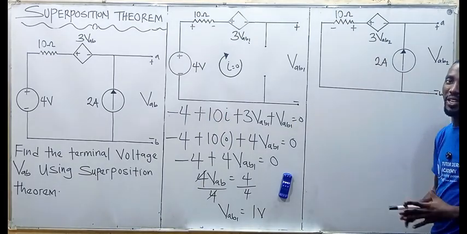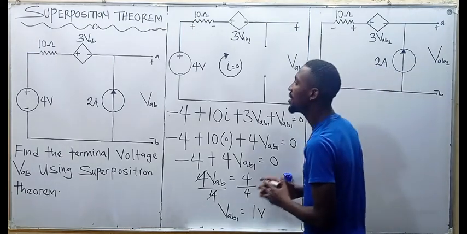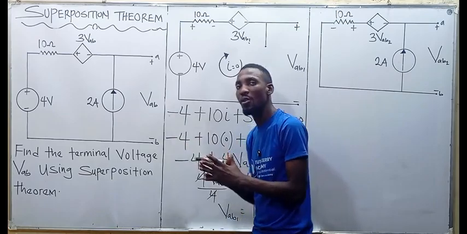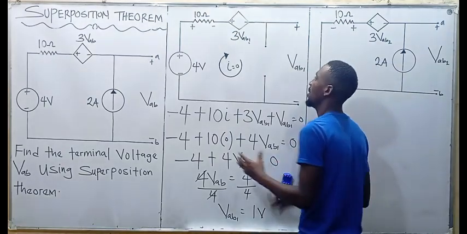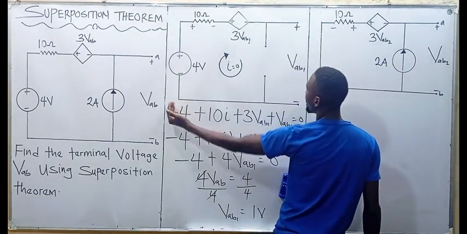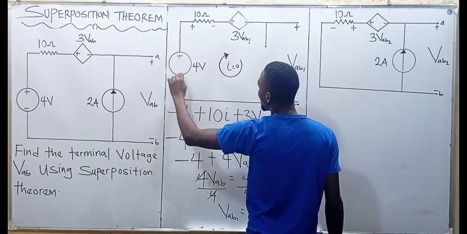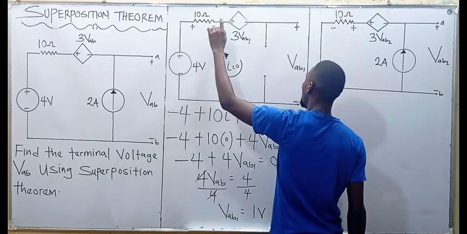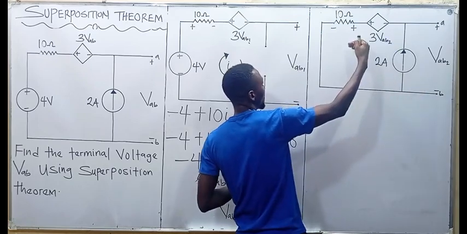Let me quickly explain a concept clearly here. When we were considering the 4-volt voltage source, we observed that our current flows from this side because the voltage source is here, and this is negative positive, this will be positive negative. Now if you look at this, our current is flowing from the other side.